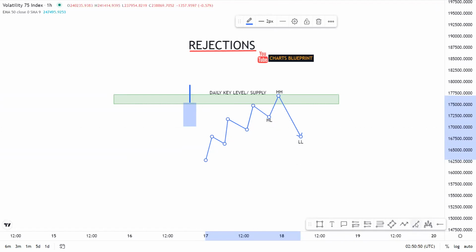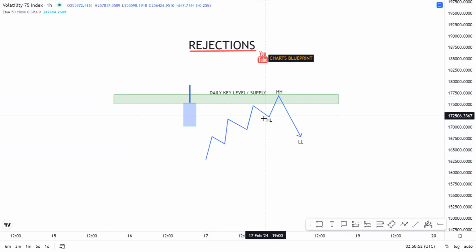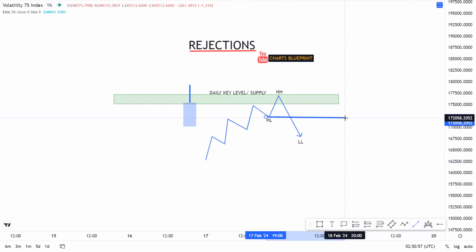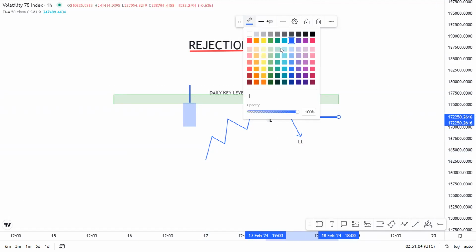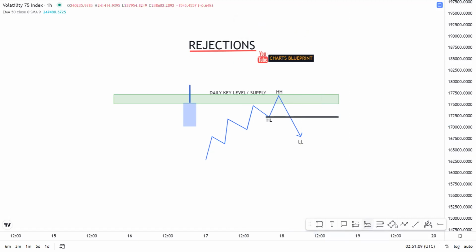this is where we want to wait for a retest, the retracement, for price to come into this level.